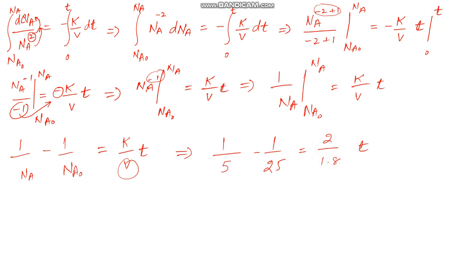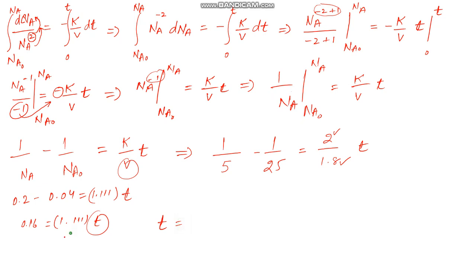Okay. So 1 by 5 is equal to 0.2, minus 1 by 25 is equal to 0.04, and when you divide 2 by 1.8, it will be equal to 1.111 multiplied by t. 0.2 minus 0.04, its answer is 0.16, equal to 1.111 t, and you need to calculate the value of t.